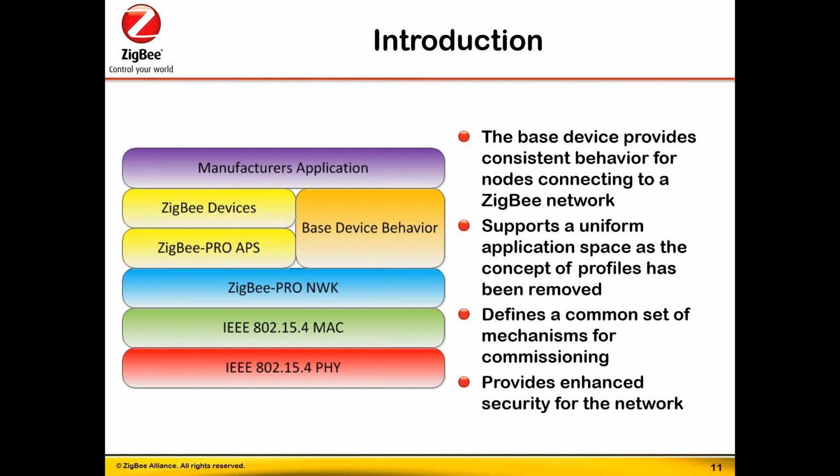So essentially, all the application space is now flat. It's no longer siloed like we had it before, and that provides a lot better interoperability between devices. We define a common set of mechanisms for commissioning. Again, I'll talk about those later on. And we have provided some enhancements to the security of the various networks that we support.